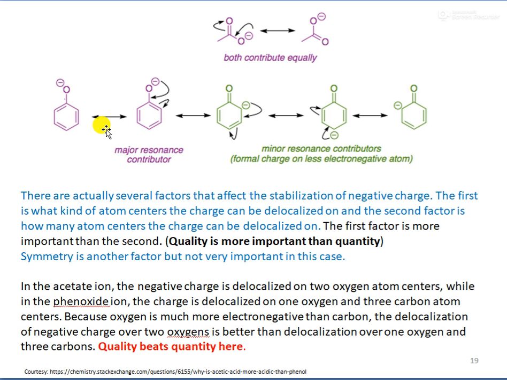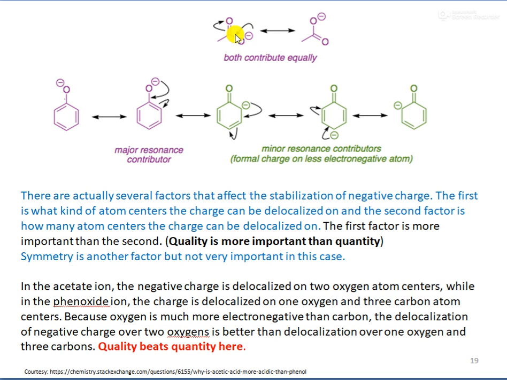Let us see this. These are the contributing structures of the carboxylate anion. This is a CH3 group here, then a C double bond O minus. The H plus in this OH group is lost, so O minus is formed.